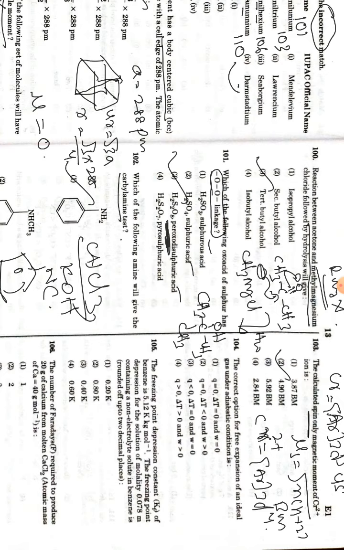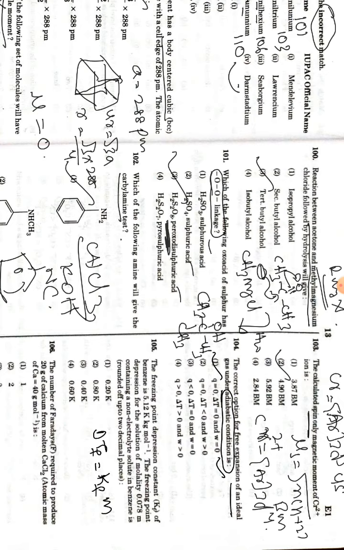Okay. Now coming to 104, free expansion of the gas. You always remember, whenever there is free expansion of the gas, W will be 0, so the option will be 1 and 3. But he has given a hint, adiabatic expansion, where there is no change in heat, delta Q is equal to 0. Now 105, the question is delta TF is equal to KF into m.